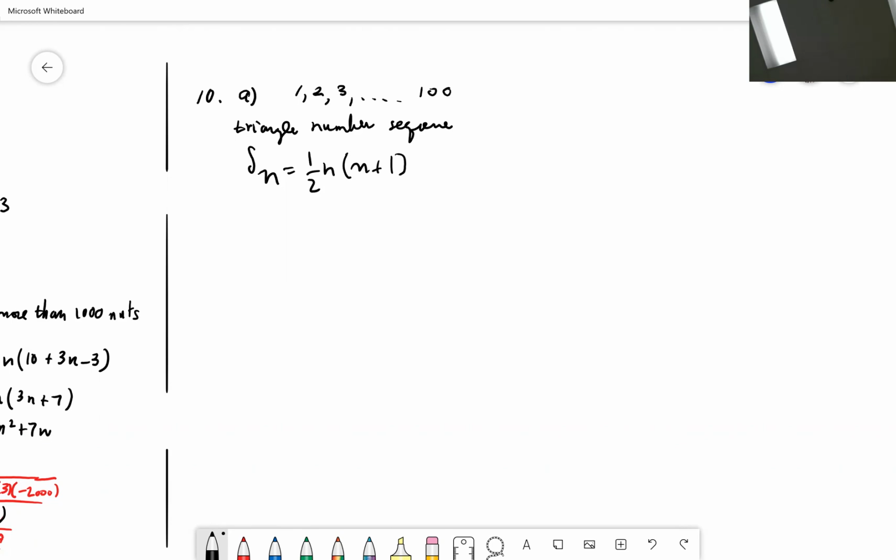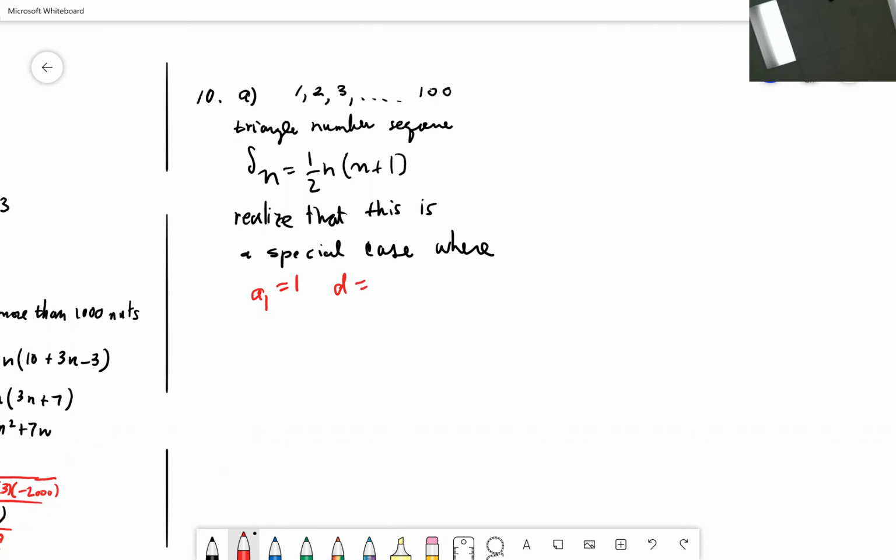Now, what I want to make sure you realize is that this is a special case where a sub 1 equals 1 and the difference equals 1.